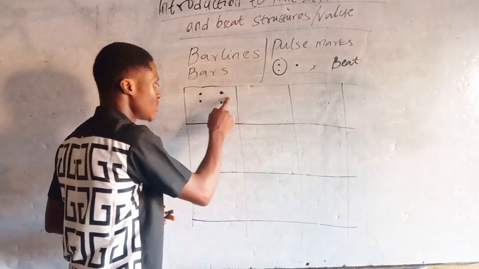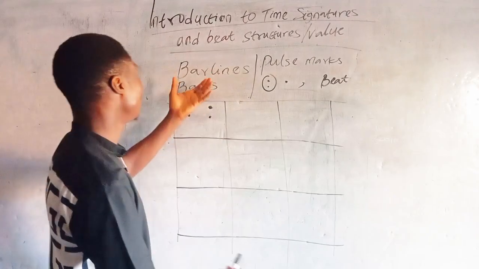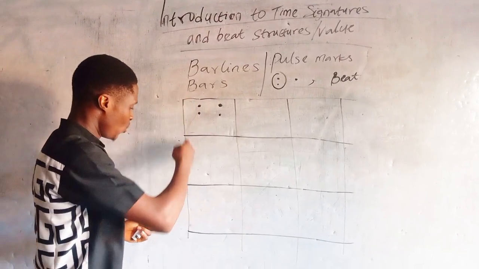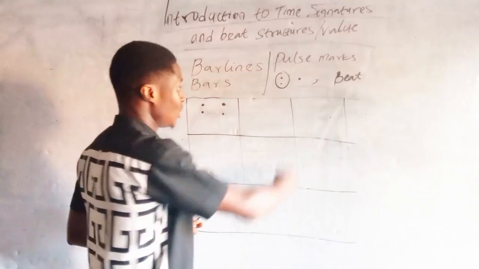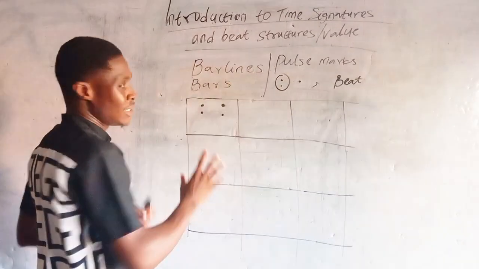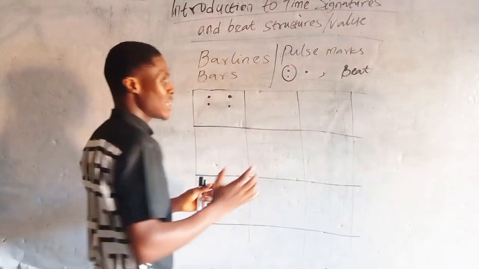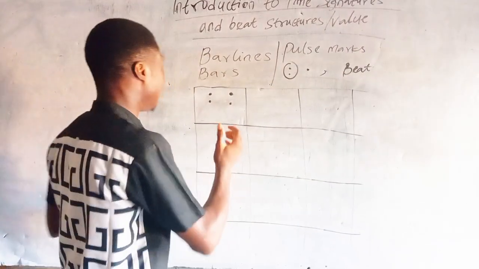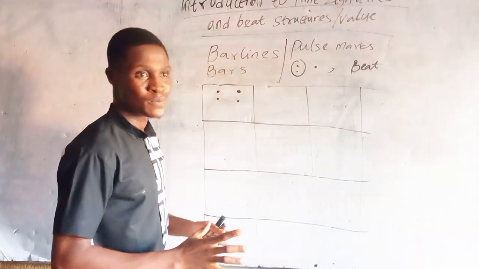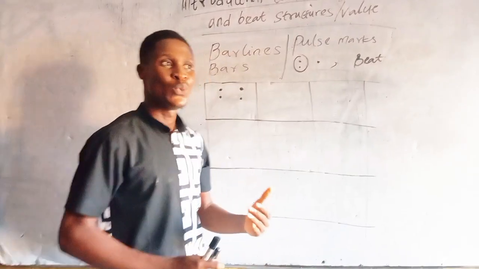We have understood what a bar line is: the vertically upright line drawn across a piece of music to divide it into bars. What is a bar? A bar is the space between two bar lines. What is a pause mark? A pause mark is a symbol, or are symbols, that divide a bar into bits.